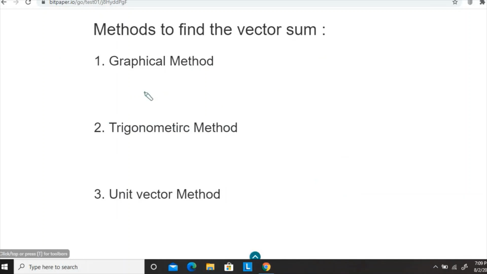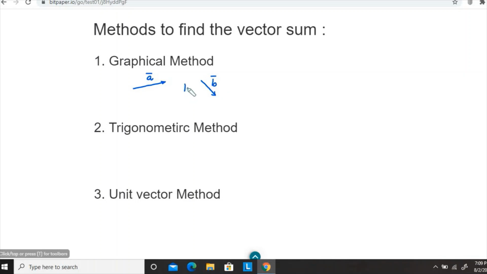Okay, now we are going to talk about how to obtain the vector sum of vectors. There are three main methods to do it. First, we are going to talk about the graphical method. Let's consider two vectors. We'll start with two vectors. This is vector A, and then we have a vector B like this.